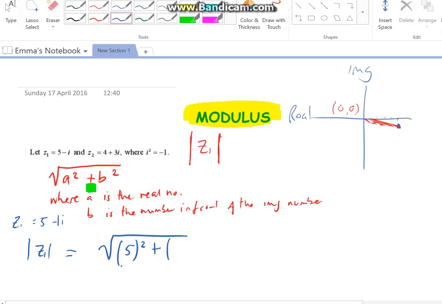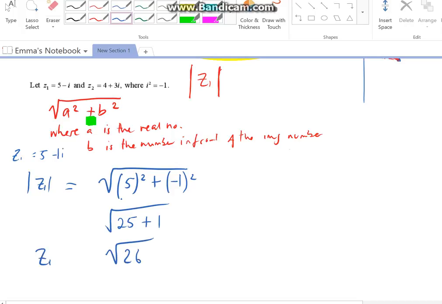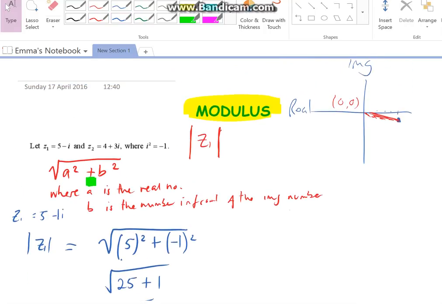So we're going to have plus (minus 1) squared. So we'll get the square root of 25 plus 1, because minus 1 squared is 1, so square root of 26. So the modulus of z1, or its distance from the origin, is root 26.